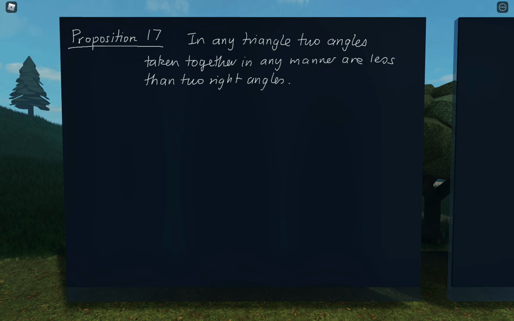So if we have a triangle ABC, obviously it's symmetric with respect to the various choices, so we'll just prove one of them.